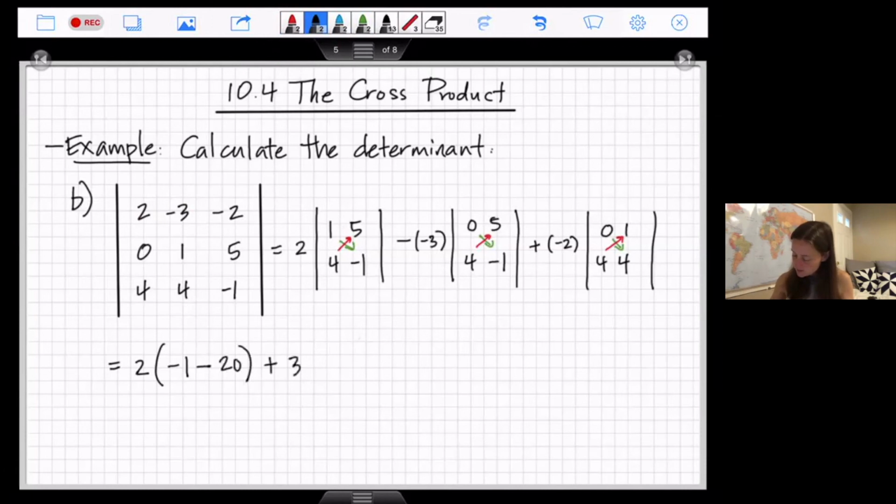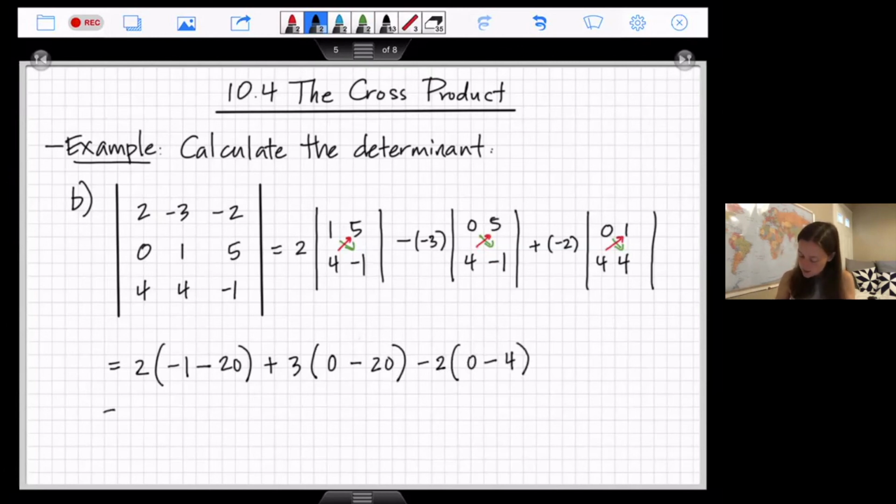Middle term becomes a +3. 0 times -1 in the green direction is 0. Subtract, 4 times 5 is 20. And then the last term is -2. Multiply in the green direction and get 0. 0 times 4 is 0. Minus, multiply in the red direction, and I get +4.